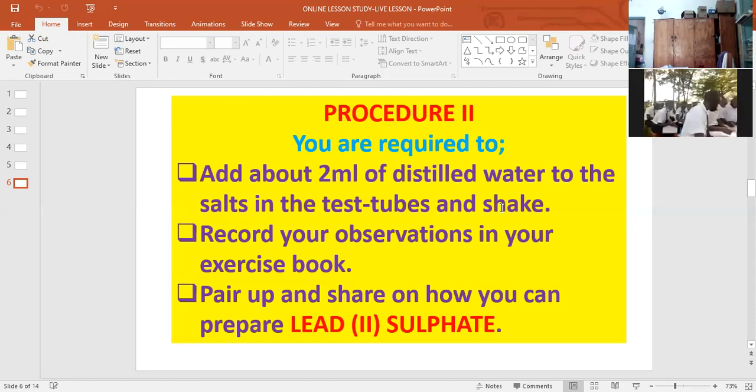Remember the last bit, we are supposed to pair up and do some discussion.